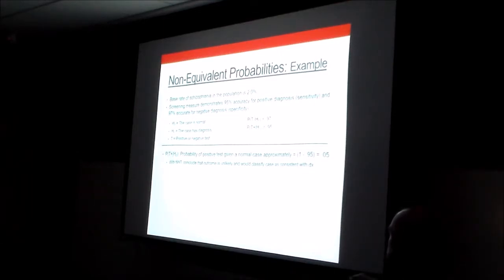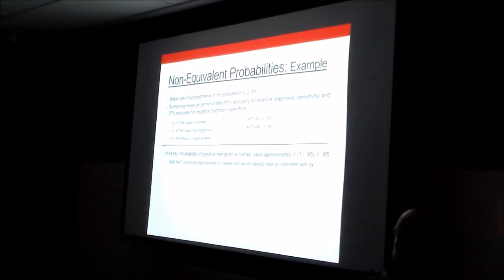What would be nice to know, so this is good: probability of a positive test given diagnosis is this, probability of a negative test given no diagnosis is this. But what might be interesting and relevant to know is the probability of a positive test in the absence of a diagnosis, right?